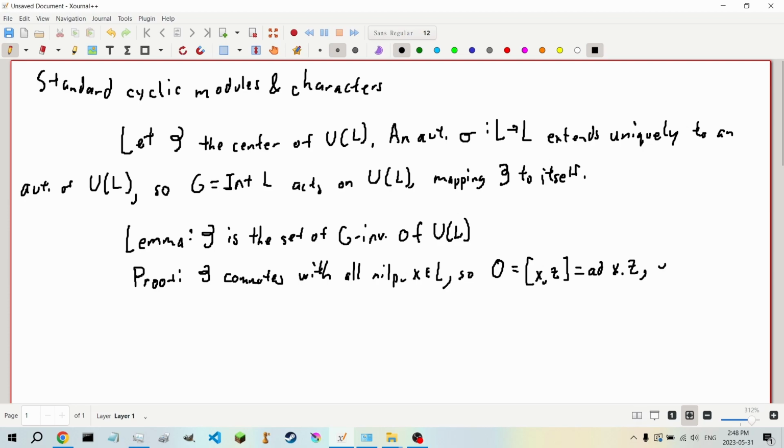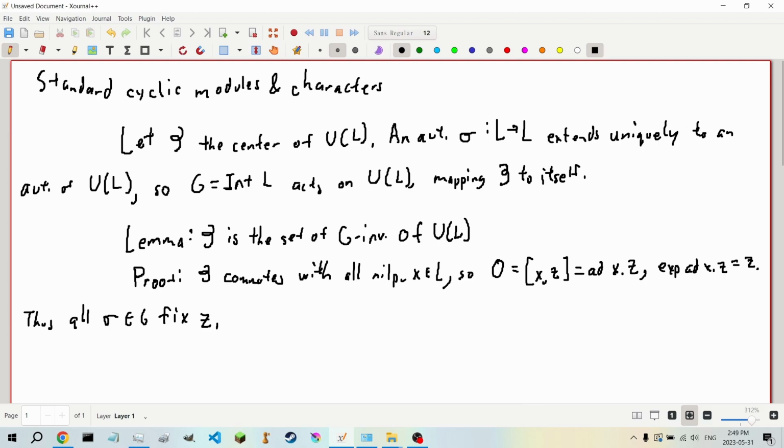And we know that the exponential of the adjoint of x on z is going to just give us z. Thus all sigma and g fix our arbitrary z in our fancy set there.